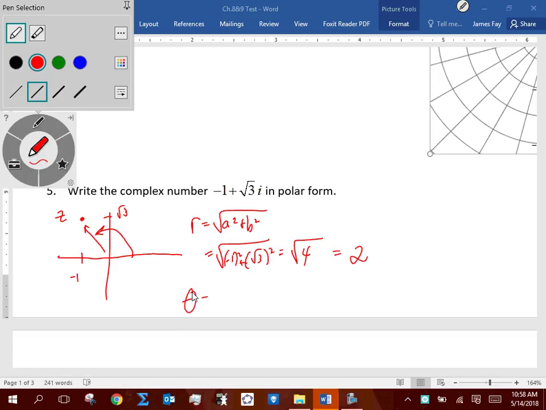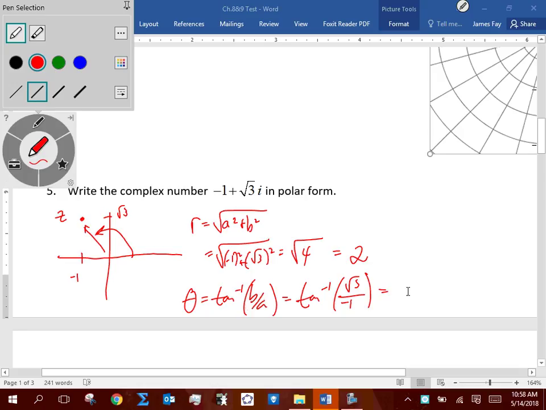Now I gotta find theta, and that's tangent inverse of b over a, in this case b being √3, a being -1. Okay, so when I evaluate that, it gives me -60 degrees, or -π/3.